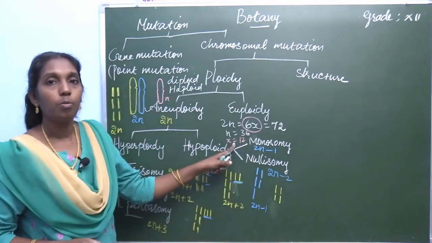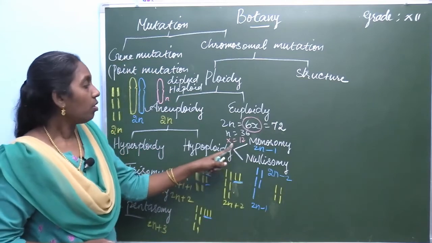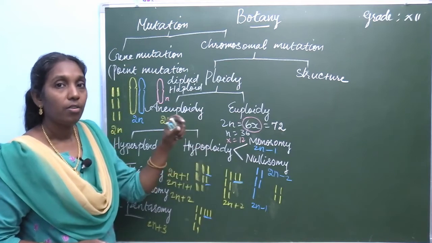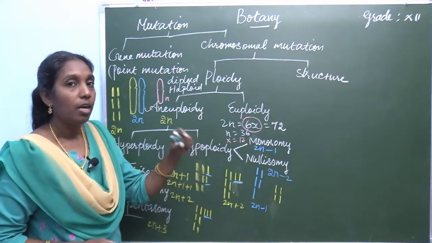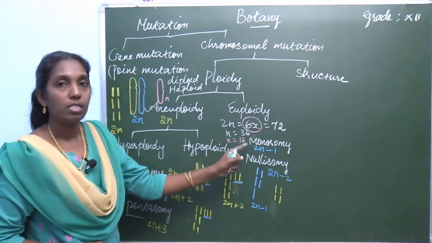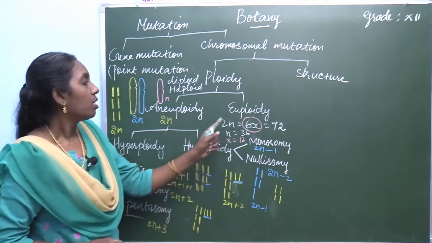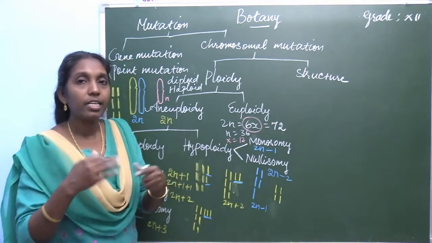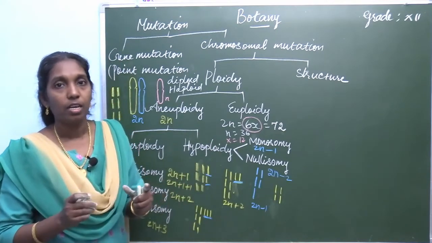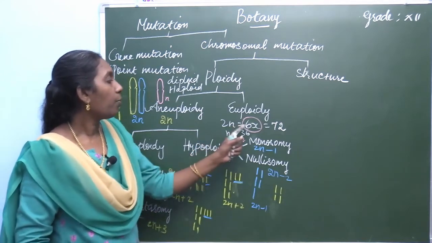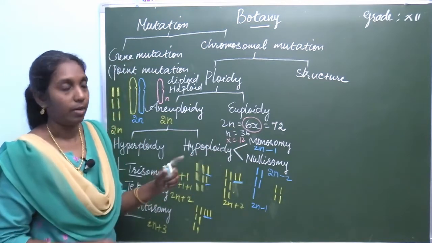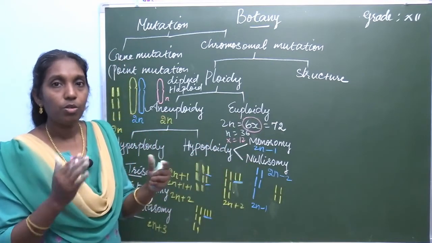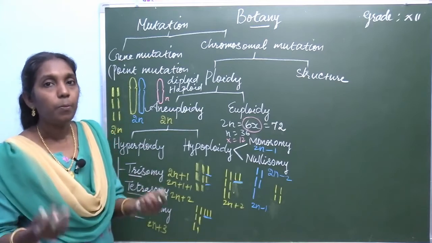This monoploid condition occurs when the organism is under polyploidy. Haploid and diploid numbers are regular generation after generation. And euploidy is classified into monoploid, diploid and polyploid.